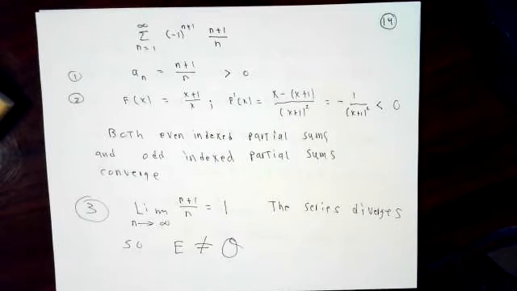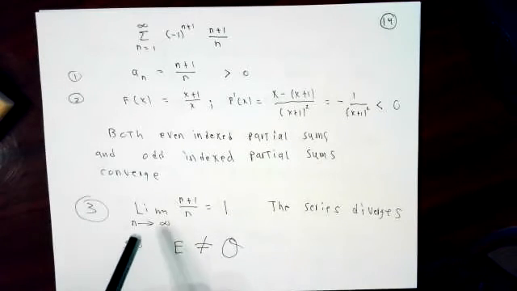Let's look at the sum from n equals 1 to infinity of negative 1 raised to the n plus 1 power, times n plus 1 over n. The individual terms are positive. If you use the f of x trick, you find out that the derivative is always negative. So my a_n's are positive and decreasing, but we've got a problem now.